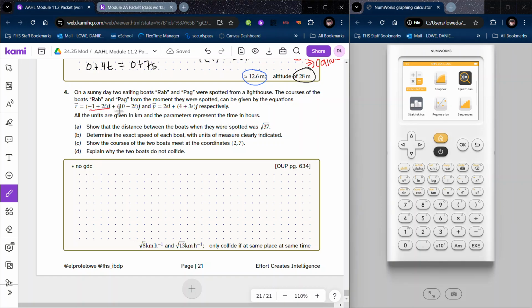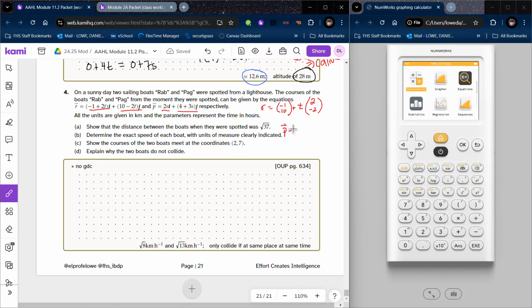So let's look at what we have and just translate initially. Our equation for our r vector, our Rab, is going to be -1 in the x direction as a point and 10 in the y direction as a point, plus a parameter of t, and I have 2 in the x direction and -2 in the y direction.